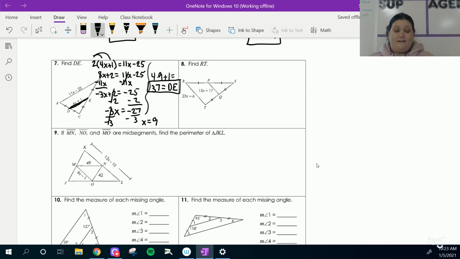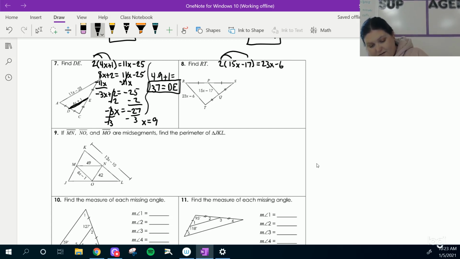Next one I'm doing the same thing on. So I'm going to do 2 times 15x minus 17 equals 23x minus 6.